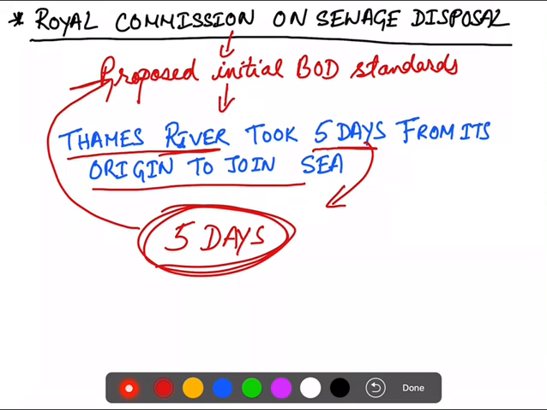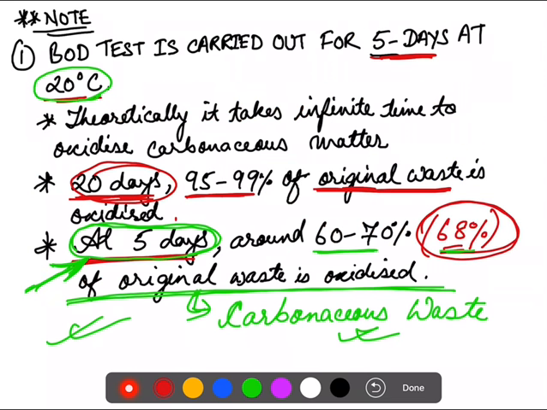So this was a history that I informed you, but nowadays it is because of this reason: in 5 days, 68% of the carbonaceous waste is oxidized, and hence it is taken as 5 days.